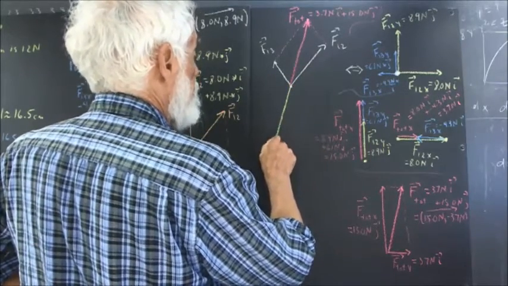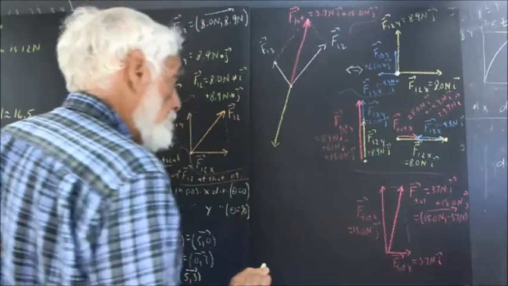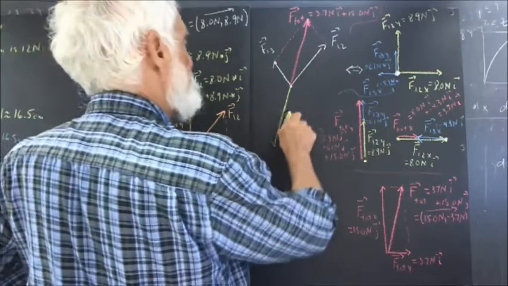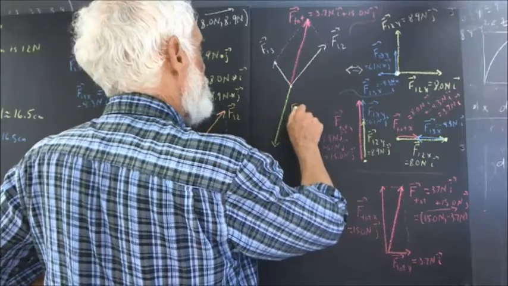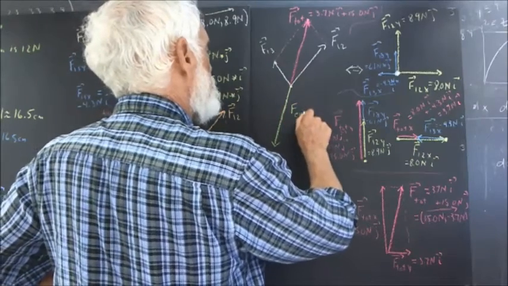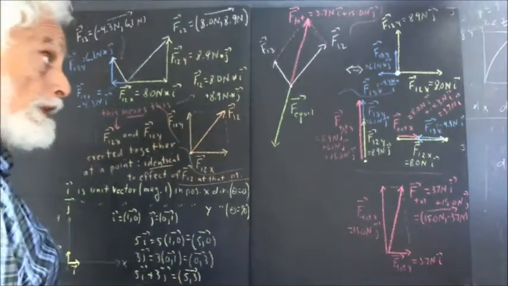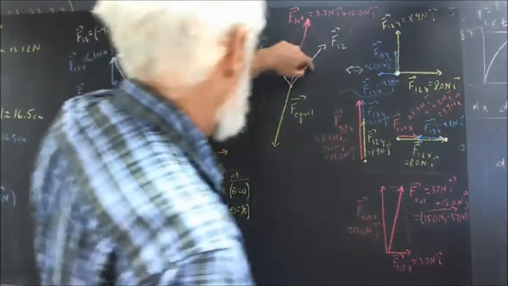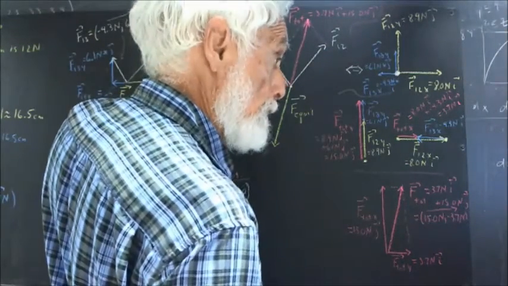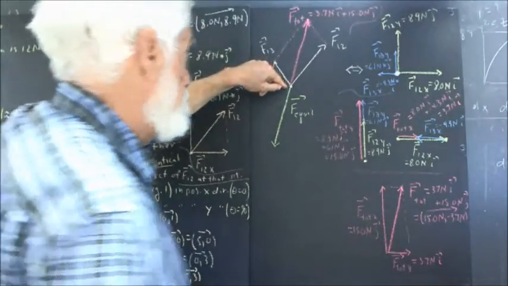We call this the equilibrant force, or the balancing force. I'm going to call that the equilibrant force. Balances the effect of these two forces, so the net force at this point is 0.